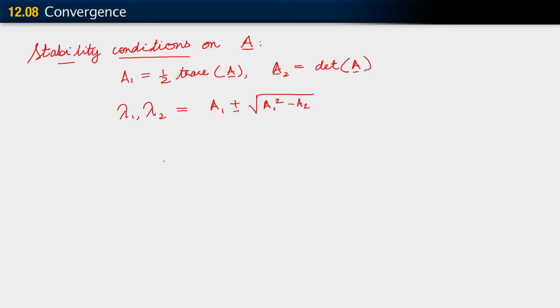This is how we determine lambda 1 and lambda 2 from our characteristic equation for this matrix.